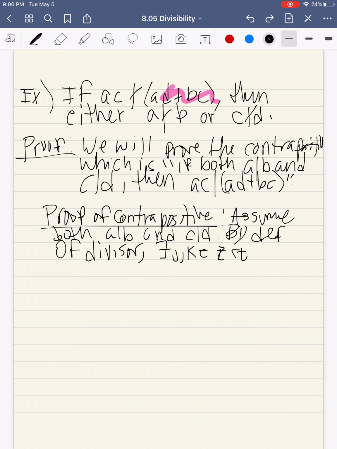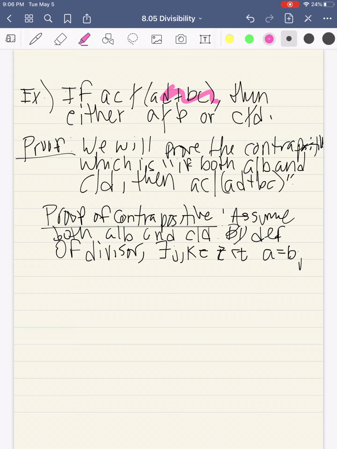I'm going to make this mistake, and I caution you to not make the same mistake. I was just about to write A equals BJ, but I need to be careful here because my statement is that A divides B. So in terms of thinking what is the greater value, B is the greater value.